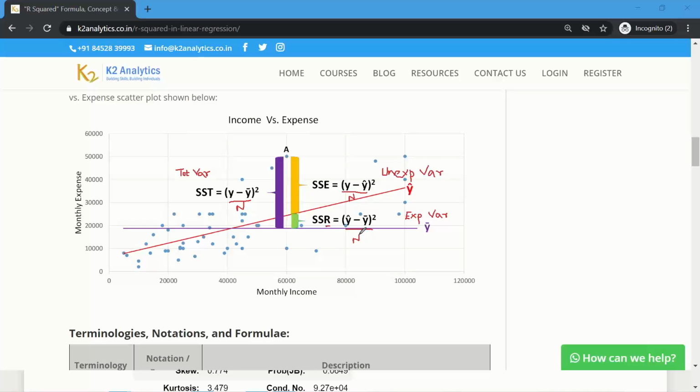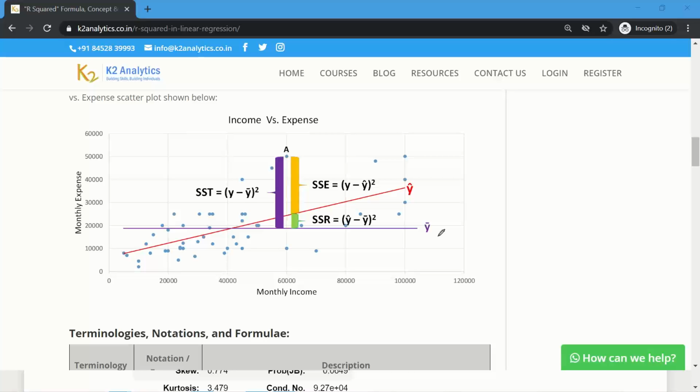Total variance is broken down into two components, explained variance and unexplained variance. Our objective of a model is to explain the dependent phenomena using the independent parameters.